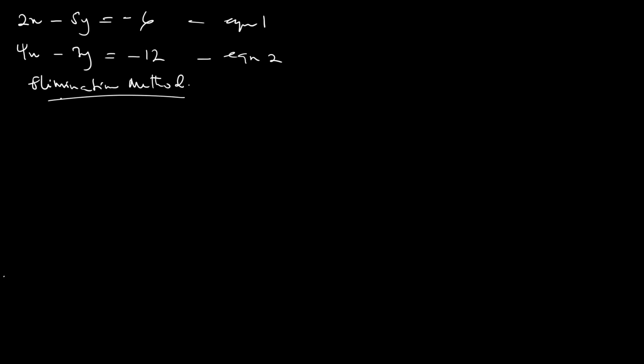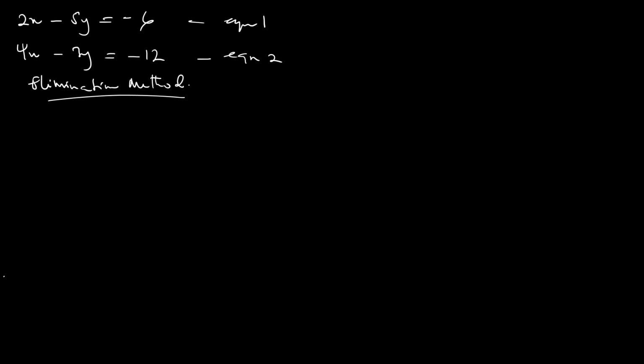Okay, so with elimination method, it's about how to eliminate one of the variables so that you can solve for the value of the remaining variable. So now we have x and y. Assuming we want to eliminate x. Now comparing equation 1 and equation 2. In equation 1 we have 2x and in equation 2 we have 4x.